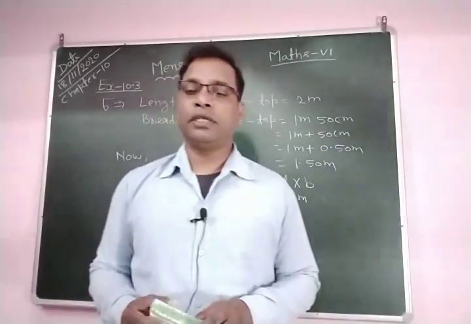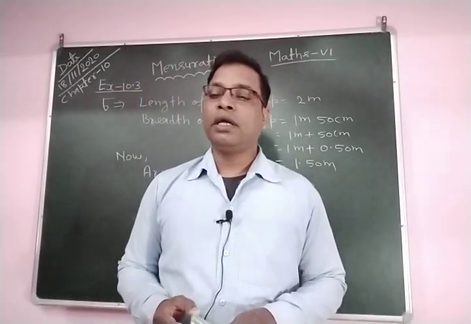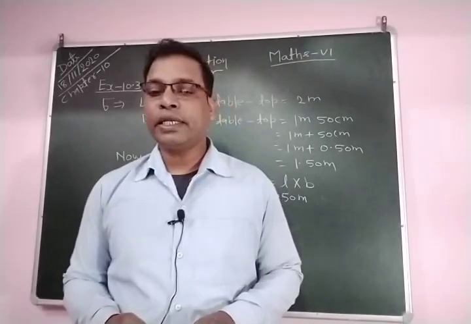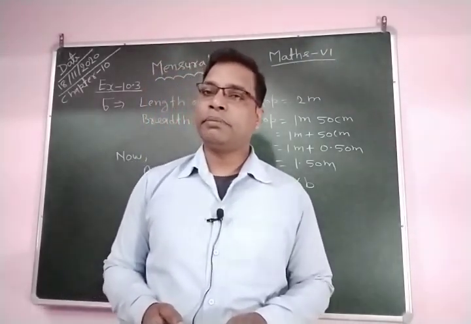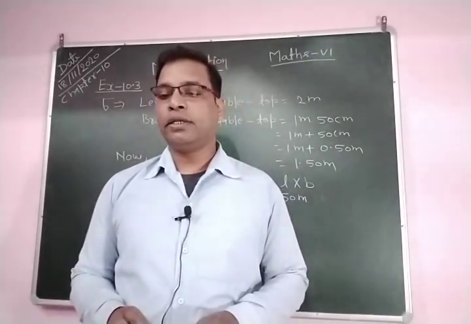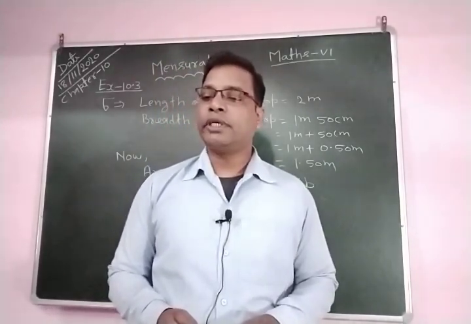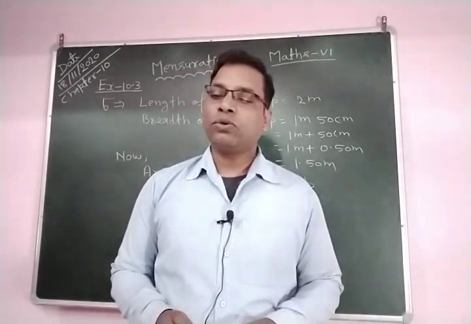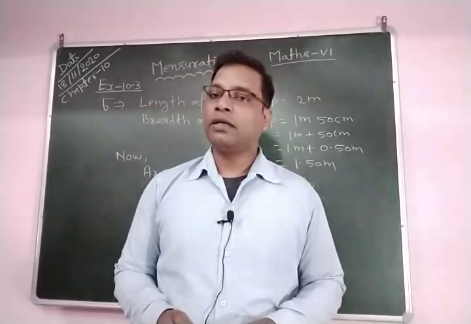Question number 7. A room is 4 meter long and 3 meter 50 centimeter wide. How many square meter of carpet is needed to cover the floor of the room?